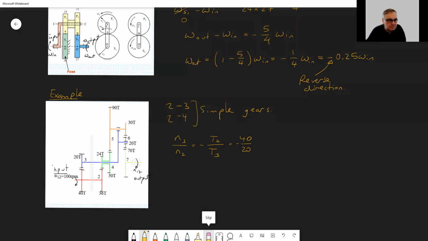And n14 over n12 is equal to minus T2 prime divided by T4, not T4, I'm sorry. And T2 prime is this one, 36. Minus 36 over 24.